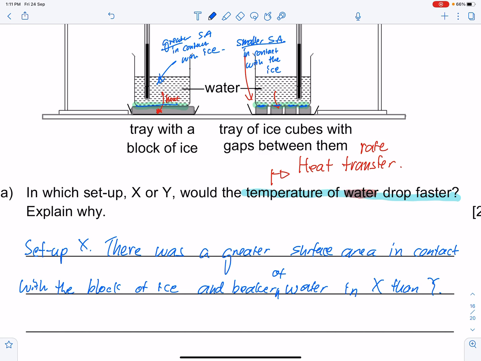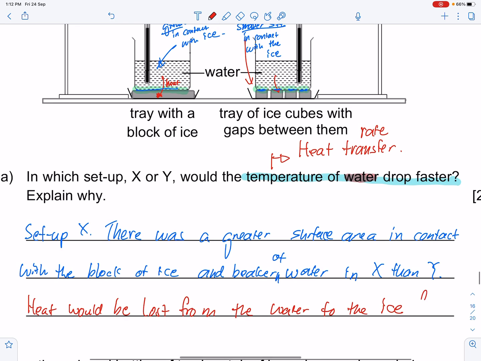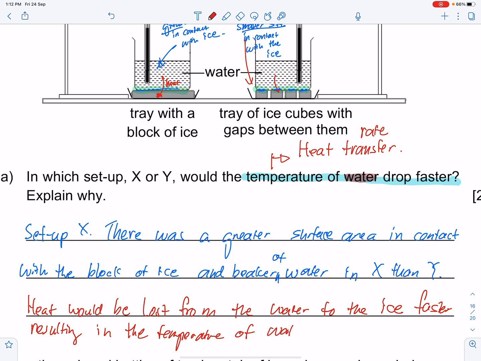So, because of the difference in surface area in contact, heat would be lost from the water to the ice faster, resulting in the temperature of water in X dropping faster.